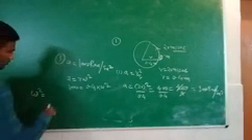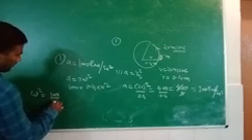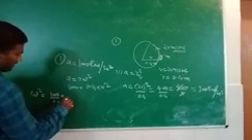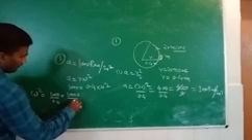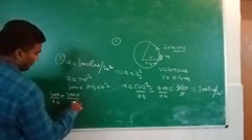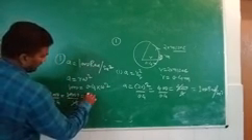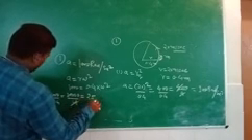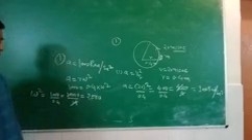Omega square is equal to 1000 upon 0.4. Now we multiply by 10, then 10,000 upon 4, and dividing 10,000 by 4, omega square is equal to 2500.